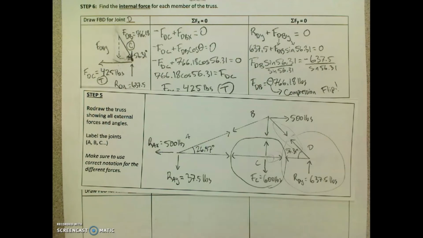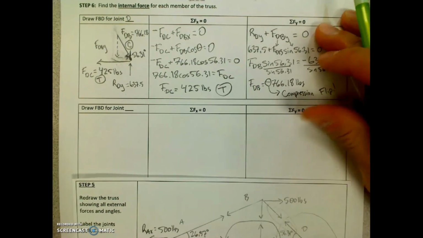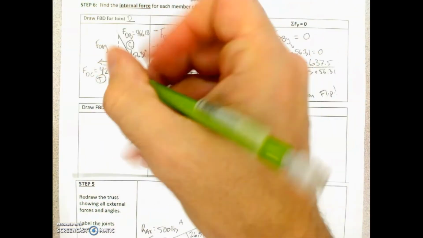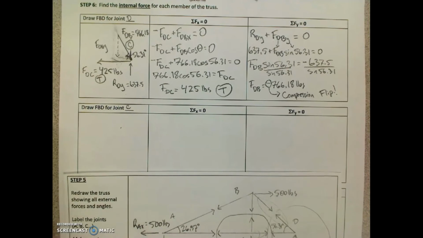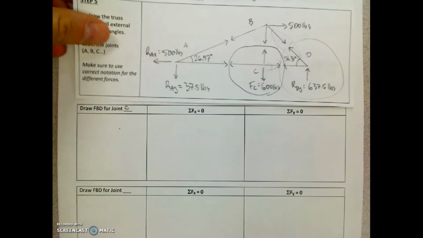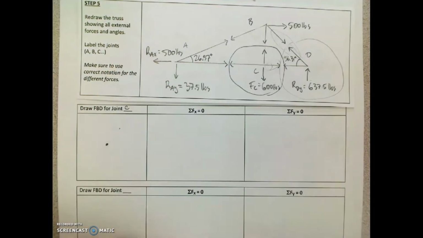Great, so let's take joint C, and we're just going to draw that into our truss solving template. So free body diagram for joint C, and I'm just going to use what we found in the external forces shenanigans.